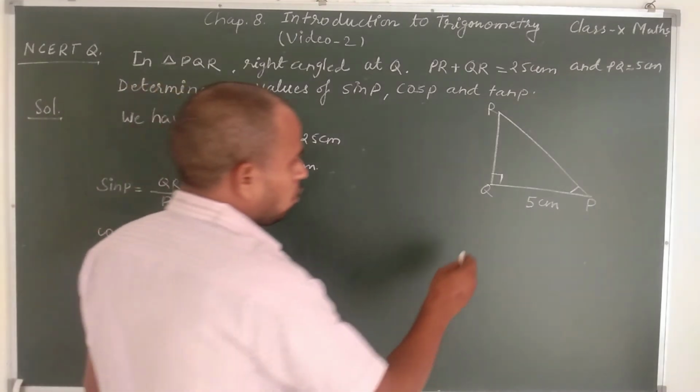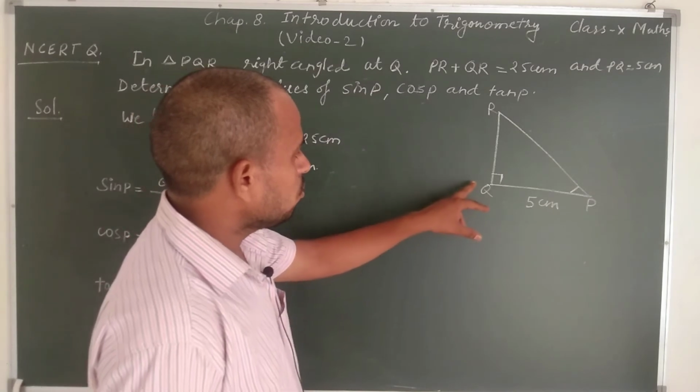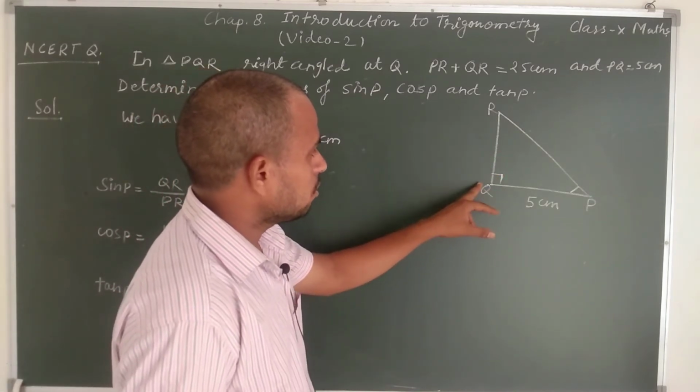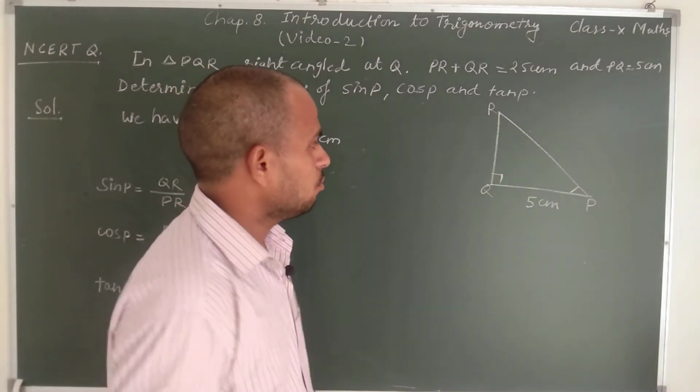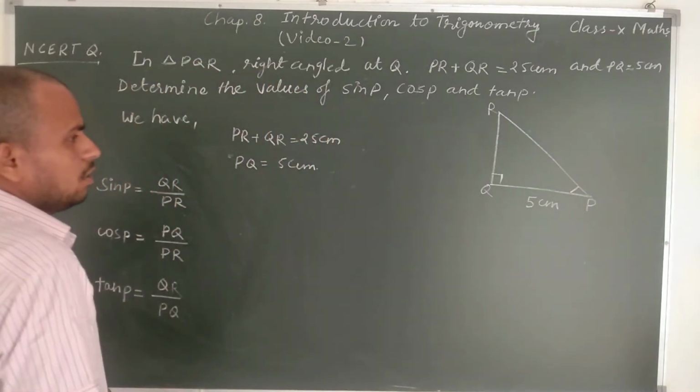We know only the side PQ. We do not know QR and PR individually, but we know the sum of these two sides.